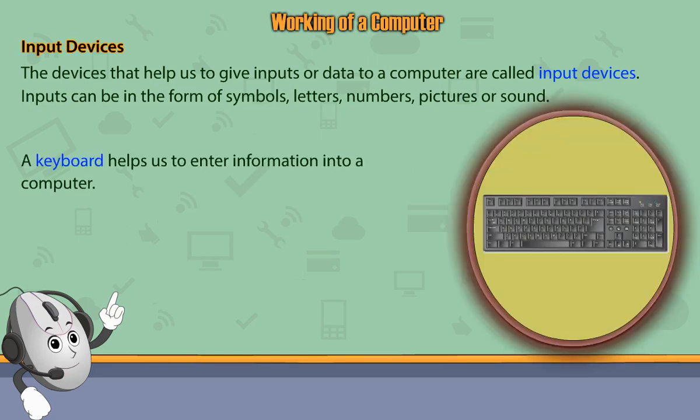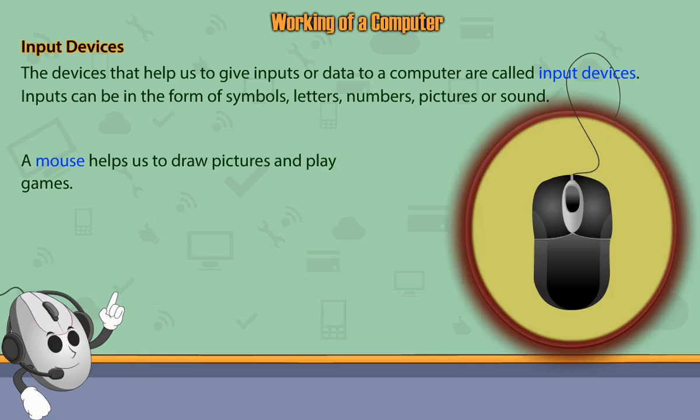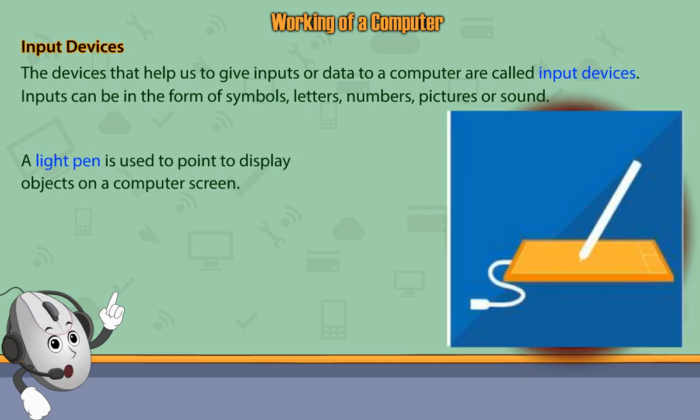A keyboard helps us to enter information into a computer. A mouse helps us to draw pictures and play games. A light pen is used to point to display objects on a computer screen.